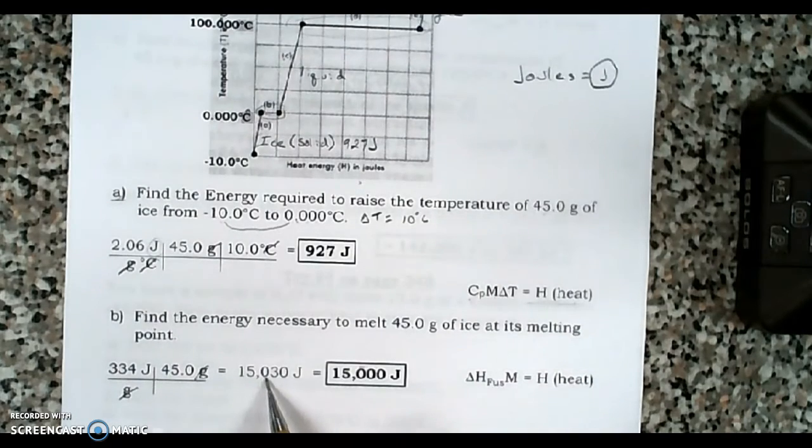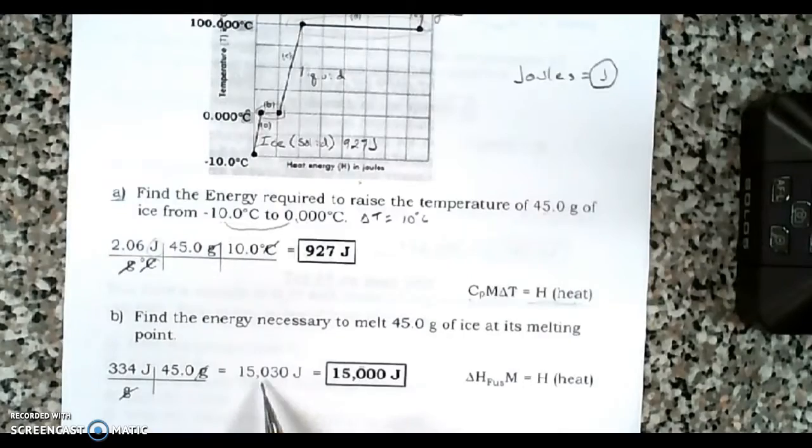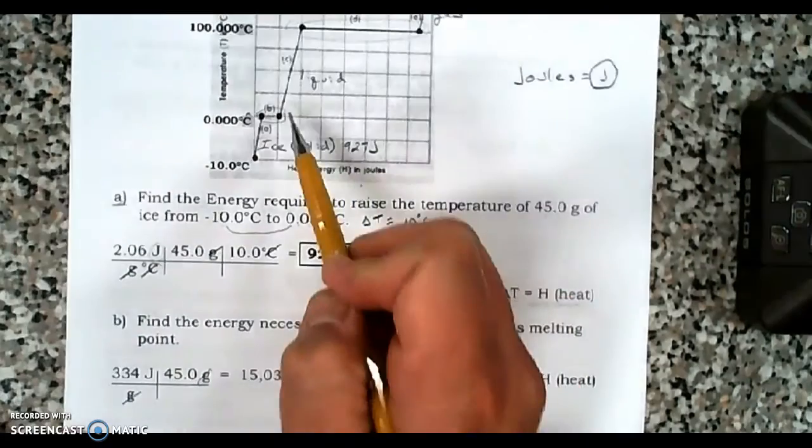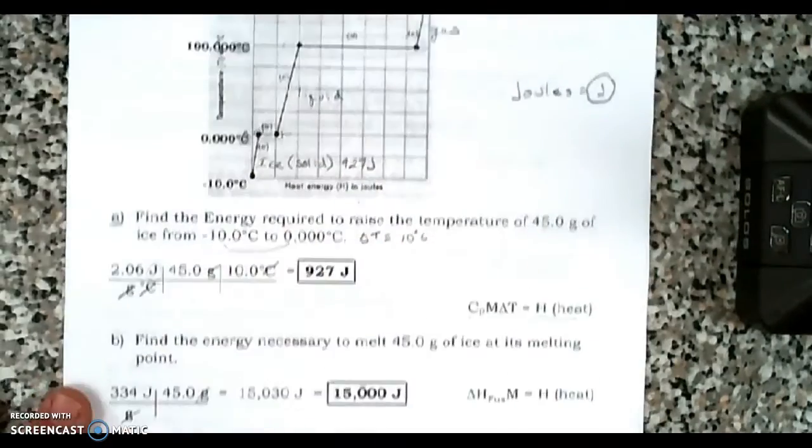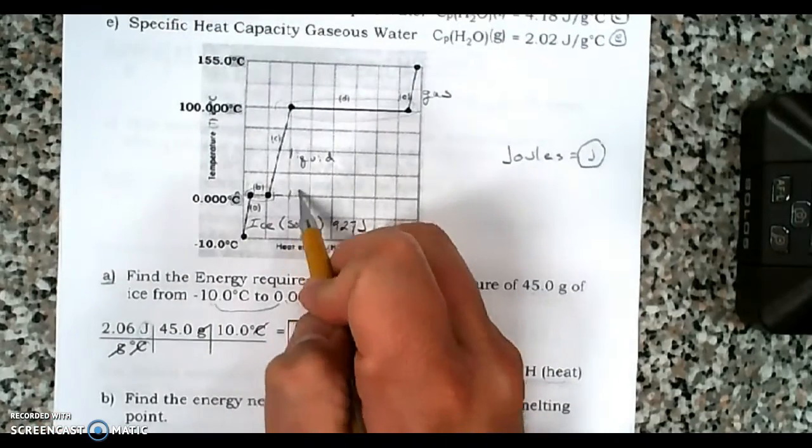This 0 here stays the same. There are 3 significant digits here, 3 significant digits here, and then more than 3 here, this one has 4, so I need to go back down to 3. That's why we use this 0 with the bar over it, just these 1, 2, 3 significant digits. So for B, this region here is 15,000 joules.